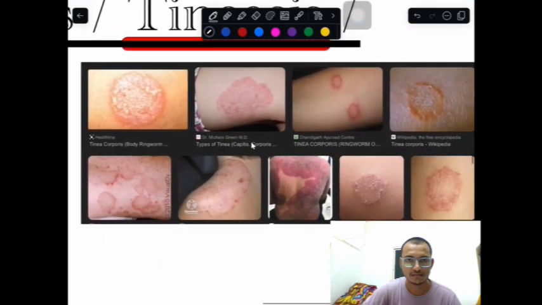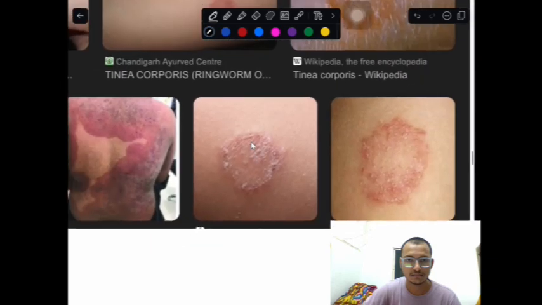Everyone has seen ringworm, this annular, circumferential type of lesion. These are common.